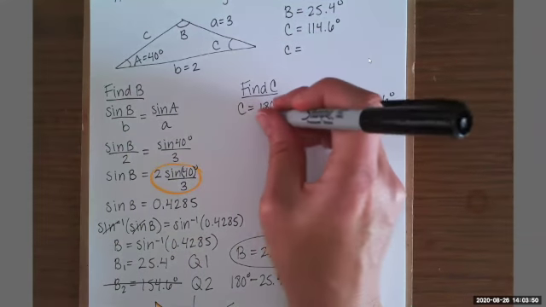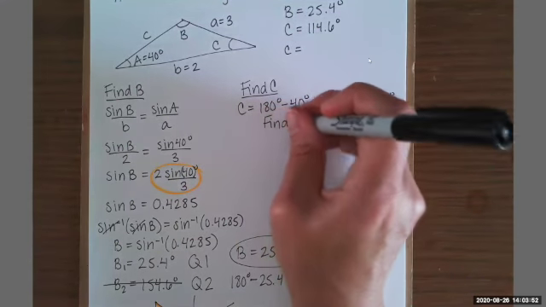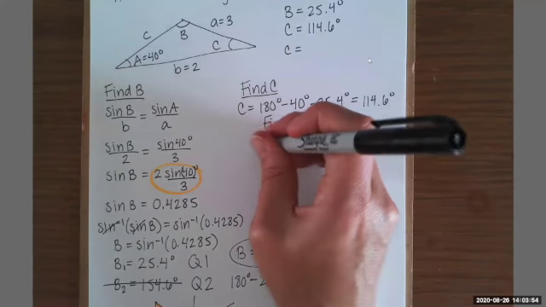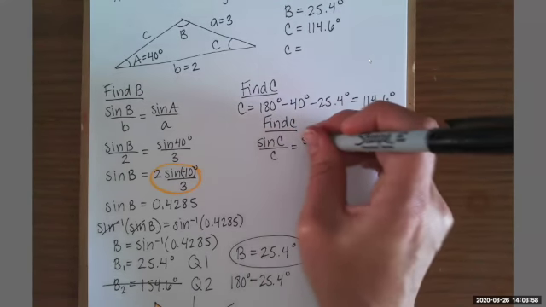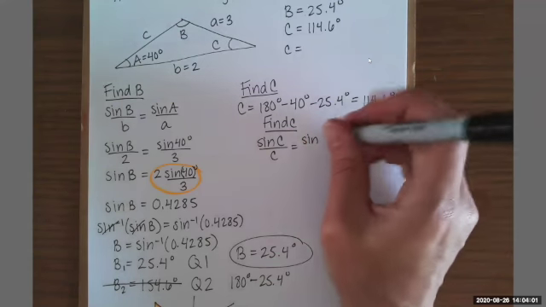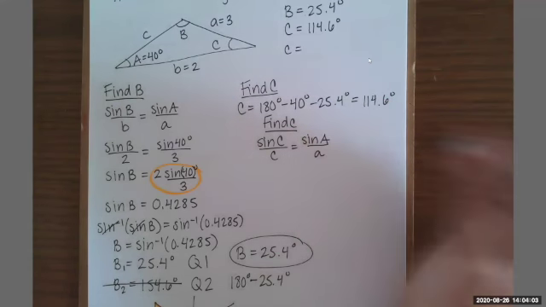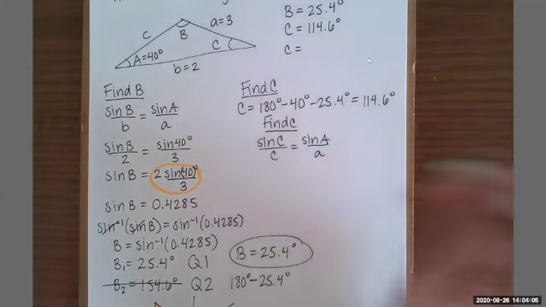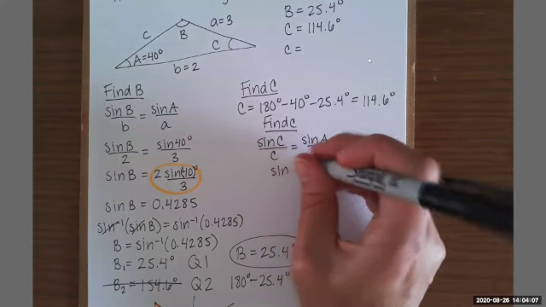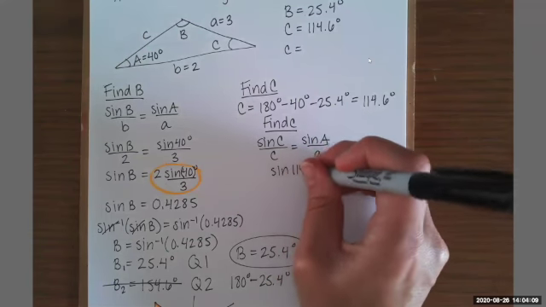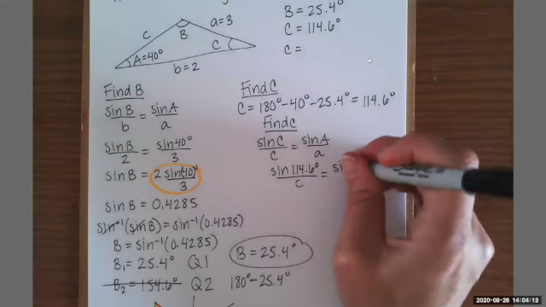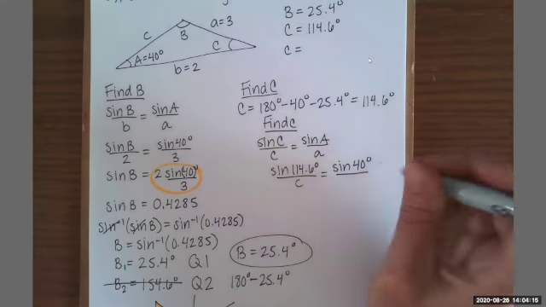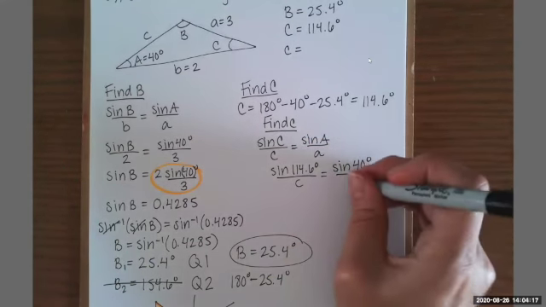The last thing I want to do is find side C using law of sines. So I'm setting up sine of angle C over side C is equal to sine of, and we can either do A or B at this point. I typically like to use the information that's originally given in the problem. So I have sine of 114.6 over side C is equal to sine of 40 over side A, which is 3.